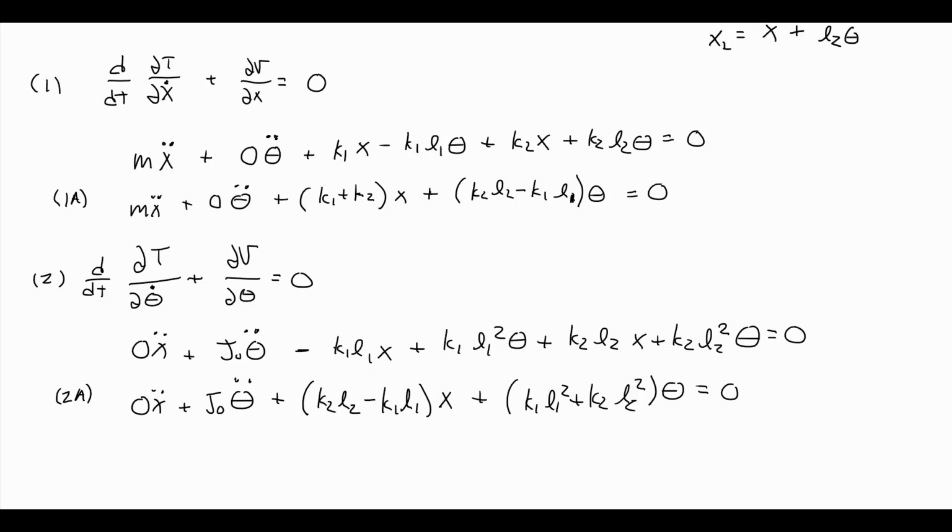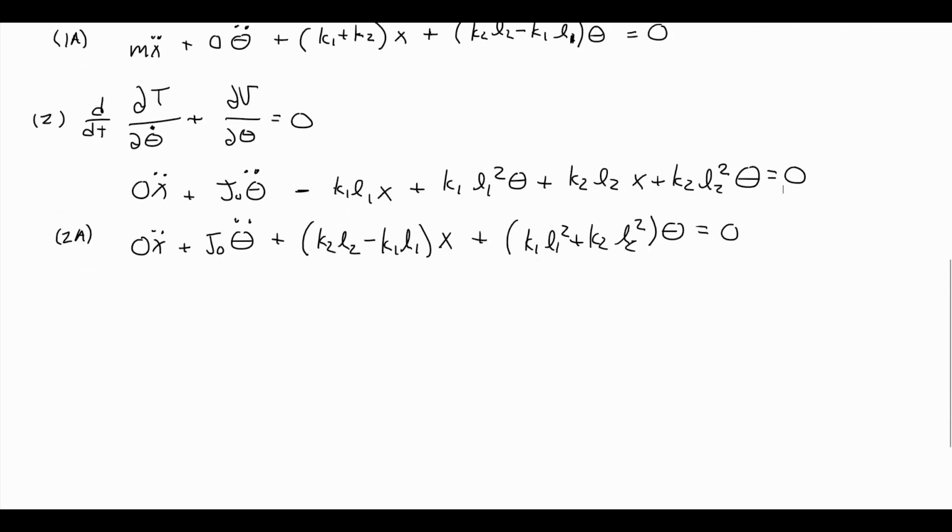So these are my two equations of motion based on x and θ being the independent degrees of freedom that I chose. So based on 1a, 2a, I can assemble my matrix form equation of motion.